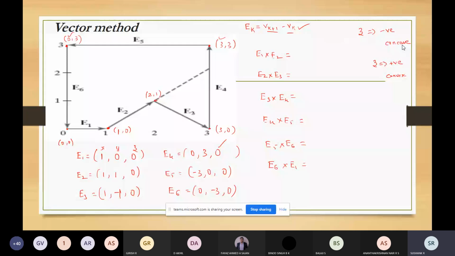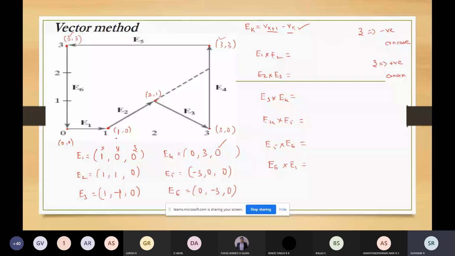Also, since all the edges are represented by x and y coordinates, all the edges are in the xy plane, so the cross product of those x and y components will be 0.